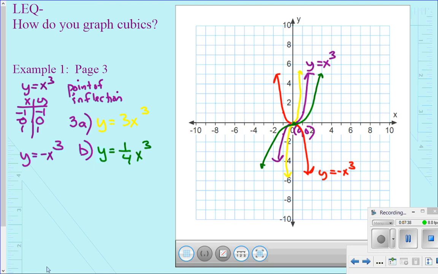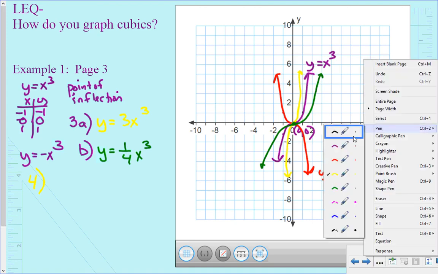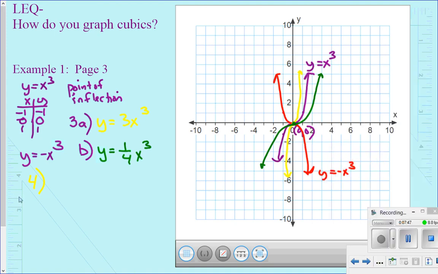Okay, so that takes care of most of page 3. And then there's also a part 4. Let me go back to my normal pen color here. So there's also a part 4, and that asks for the general equation. Well, we know for a quadratic, it's our vertex form. So if I adjust that just slightly, because remember that vertex form is when h, k is the vertex.